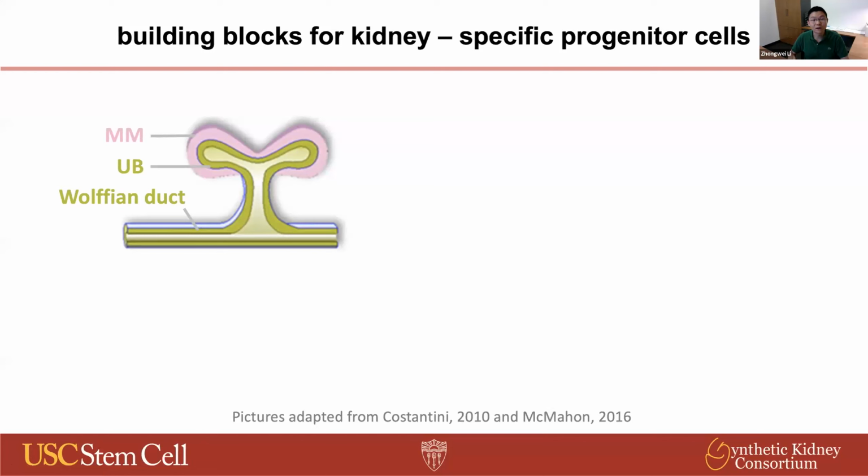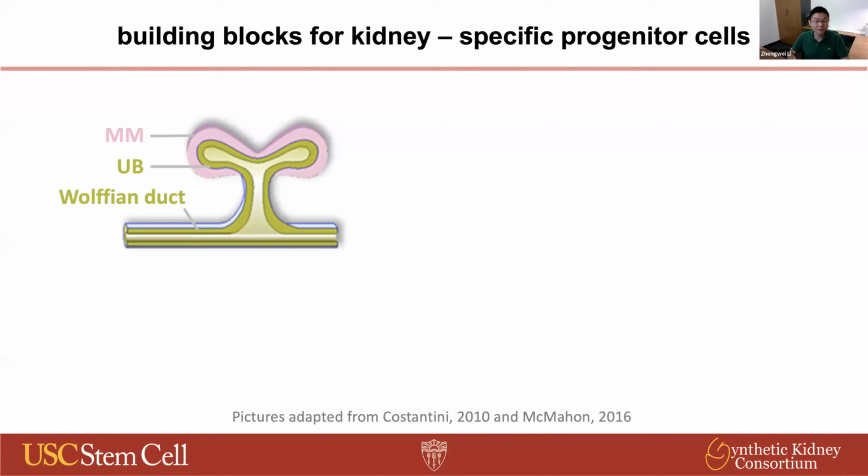So if we want to make best use of stem cells, we need to first get to know how the kidney normally develops and then make use of the information to guide the in vitro efforts. Specifically, in the mammalian kidney organogenesis process, there are two cell populations guiding the whole process. One population, labeled in pink here, is MM, metanephric mesenchyme, and another is called UB, ureteric bud.